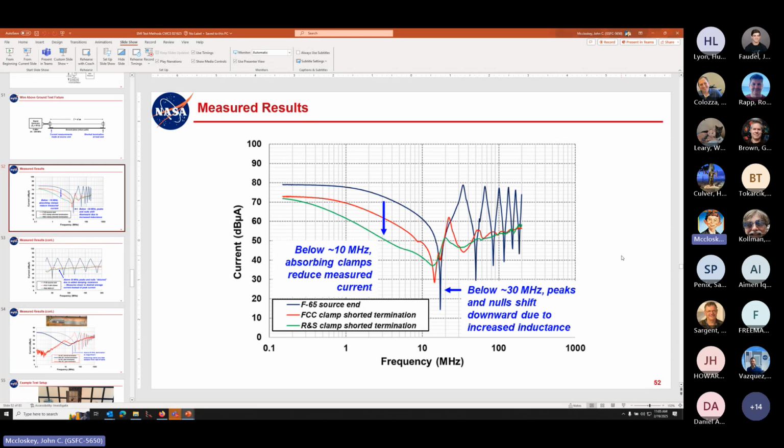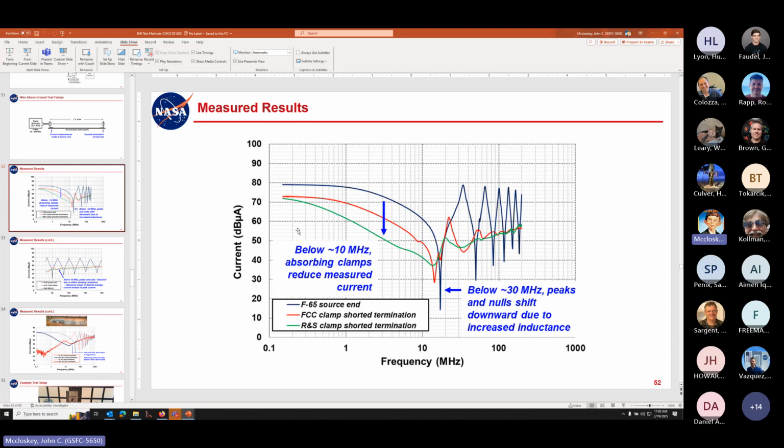Next week when we go into the lab, I'll show some measurements with the absorbing clamp compared to the standard current probe, and at the low frequencies, at least for this source that I'm using, the levels don't change all that much.